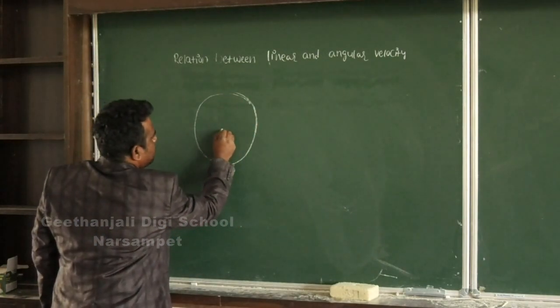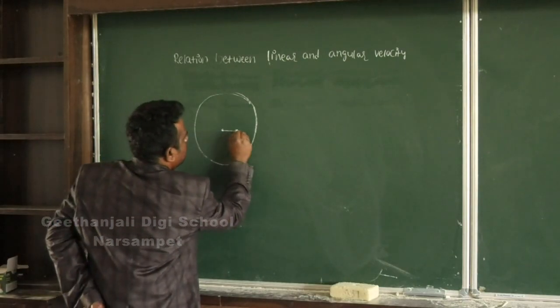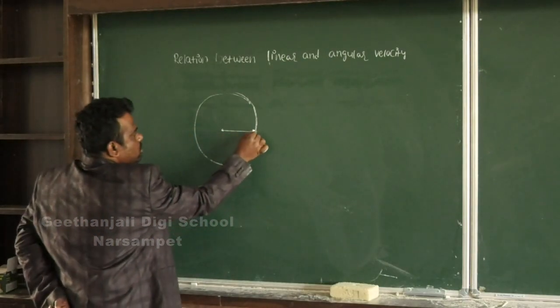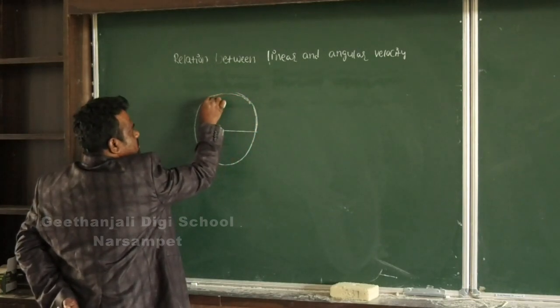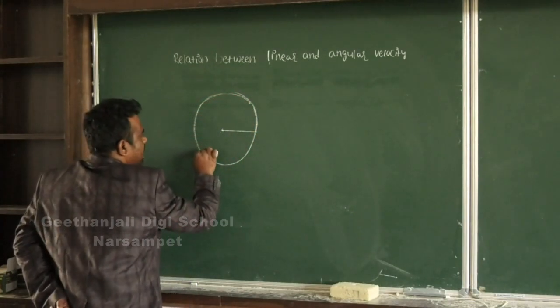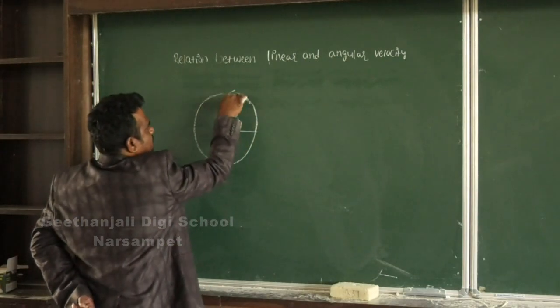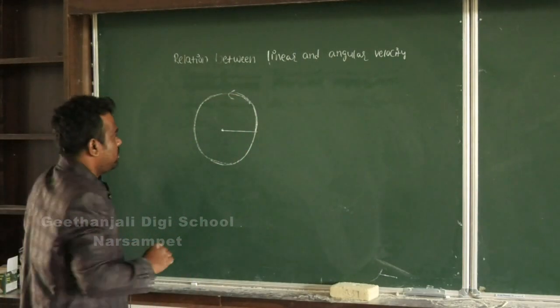It is the center of the circle. So the particle is moving in a circular path with a constant angular velocity omega in the anti-clockwise direction, in the anti-clockwise sense like this.